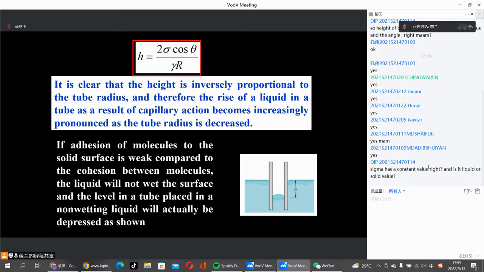Or if you go to a hotel, it's better for you to choose a room on the second or third floor instead of the ground floor. Why? Because of the surface tension force. The water will go up, and so the room wall will become wet. That's because of surface tension force.